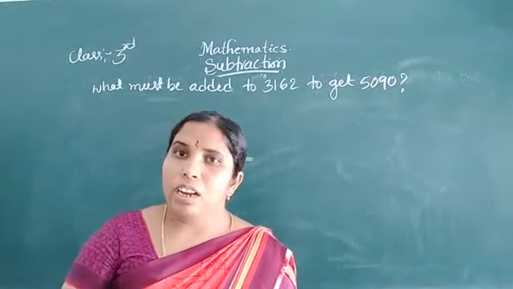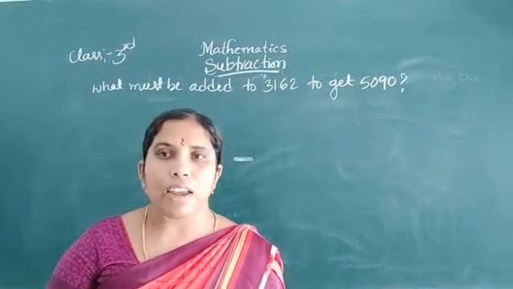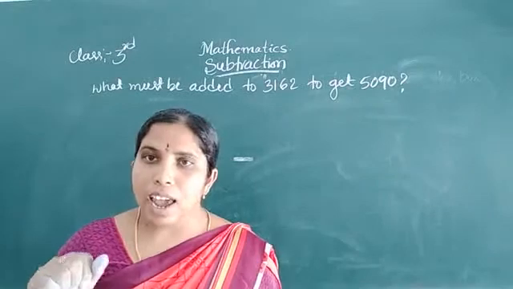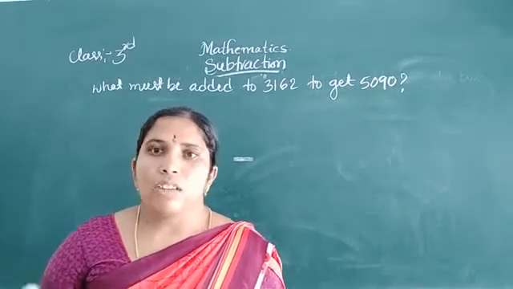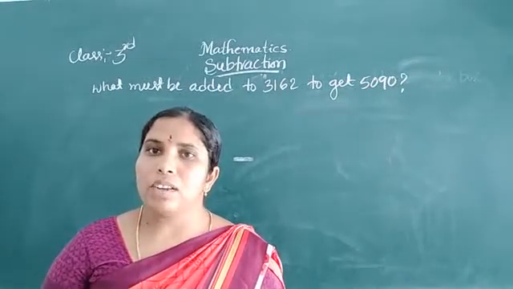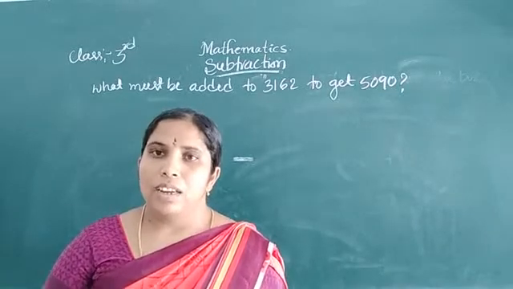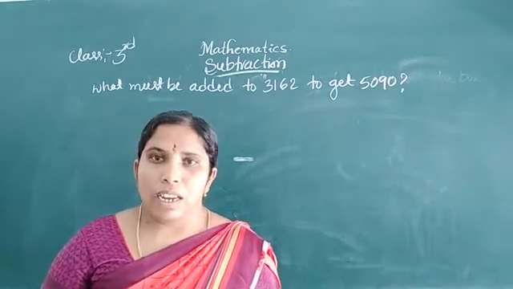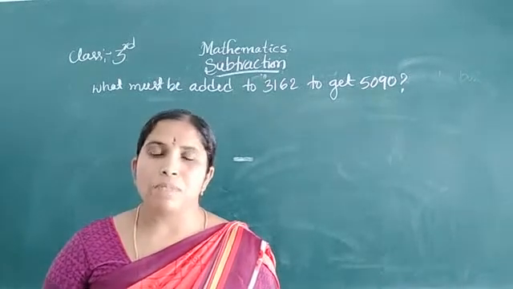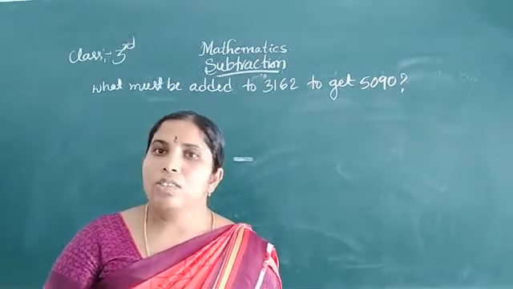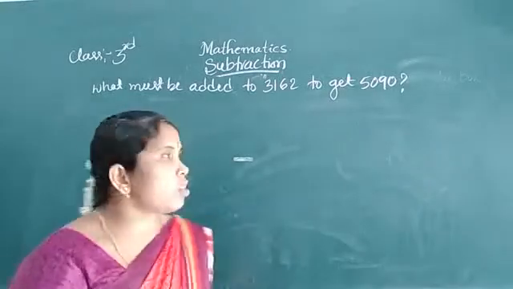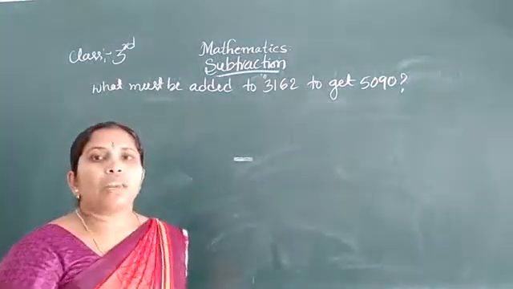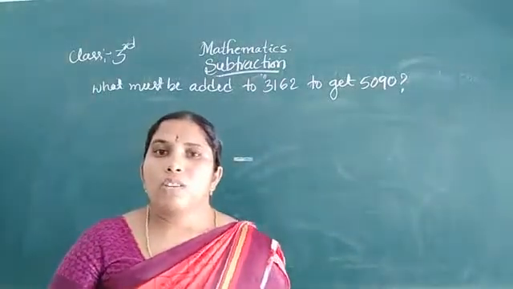What must be added to 3162? That means here you can take the number to be x. We should add x and 3162 to get 5090.